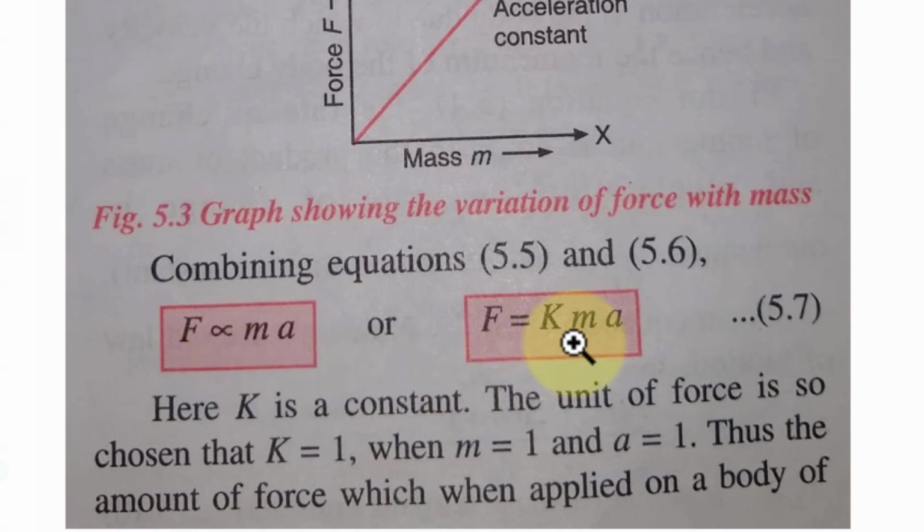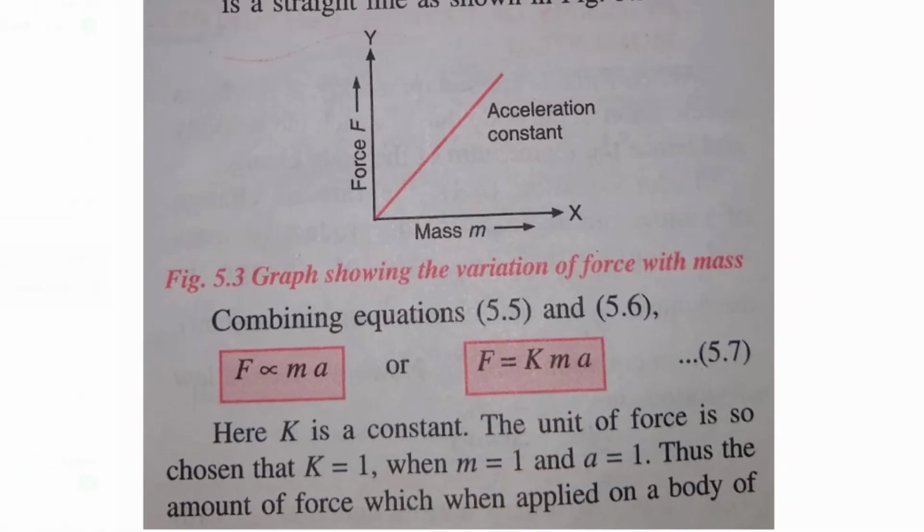So we have given constant K. So we can write F is equal to K into MA. So K is a constant. So unit force is so chosen that K is equal to 1.